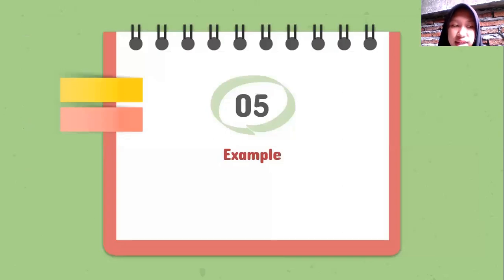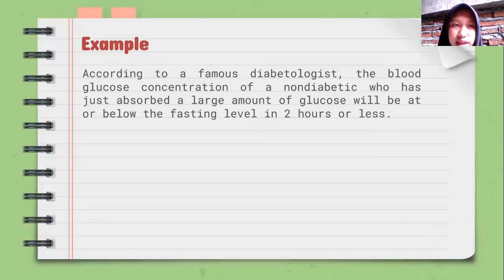And next, for the example: according to a famous diabetologist, the blood glucose concentration of a non-diabetic who has just absorbed a large amount of glucose will be at or below the fasting level in 2 hours or less.